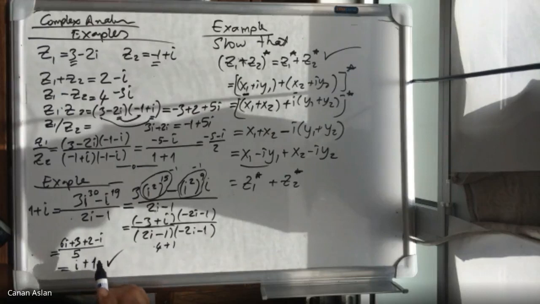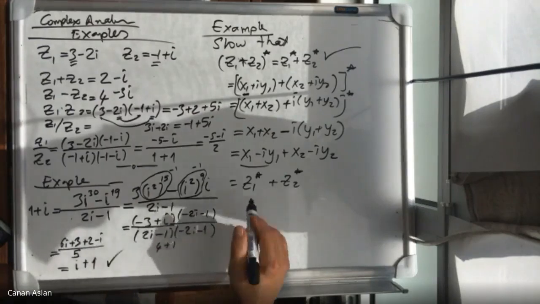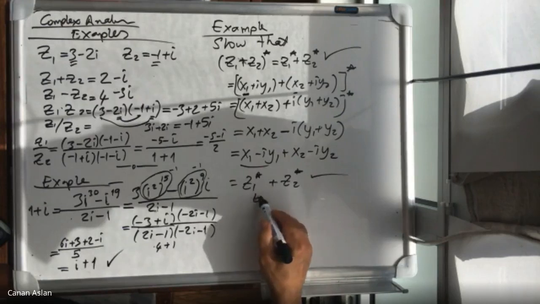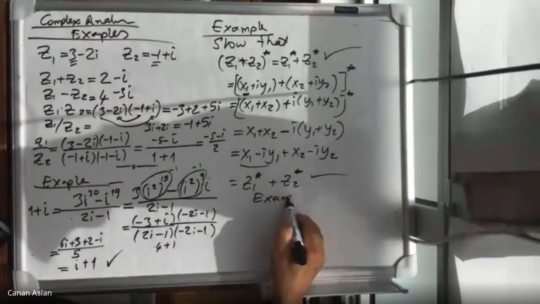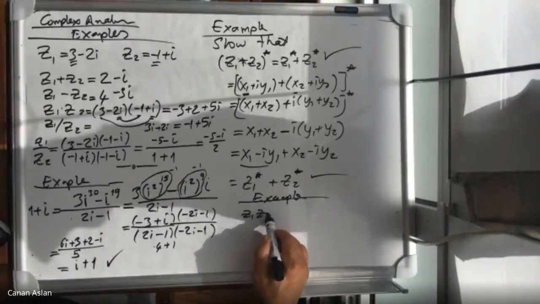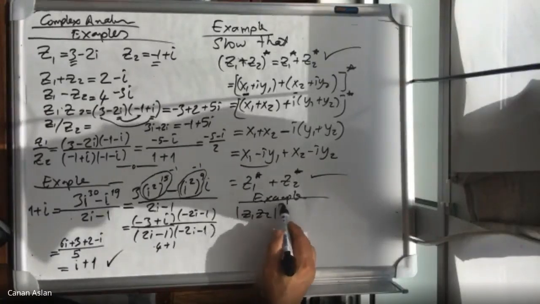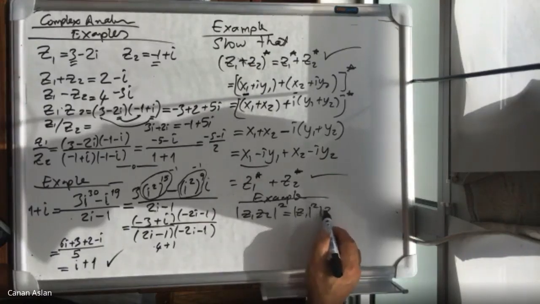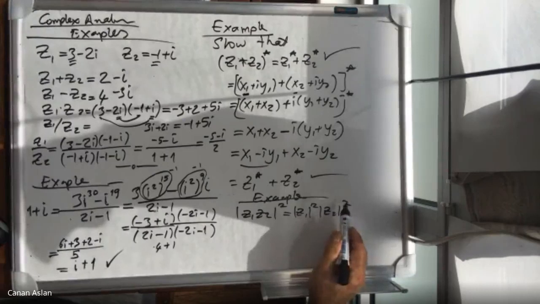So we can also show that, this is an example, and the last example for this part is this. Show that the magnitude of Z1 times Z2, squared, is equal to the magnitude of Z1 squared times the magnitude of Z2 squared.